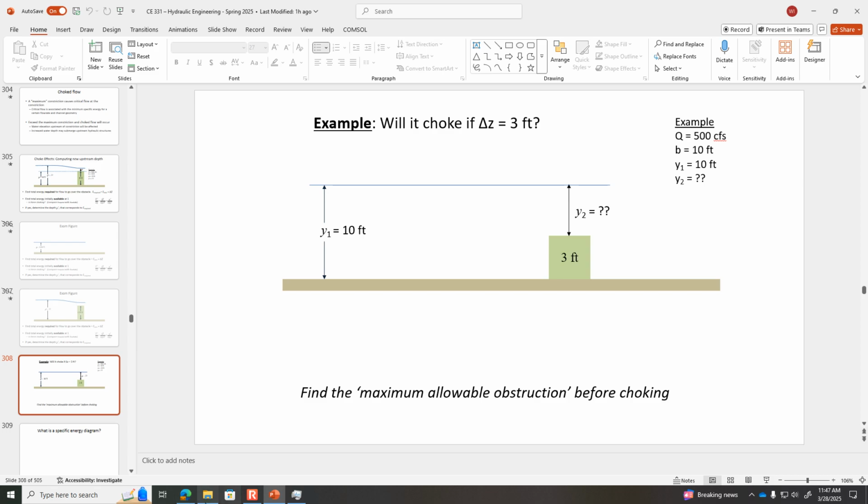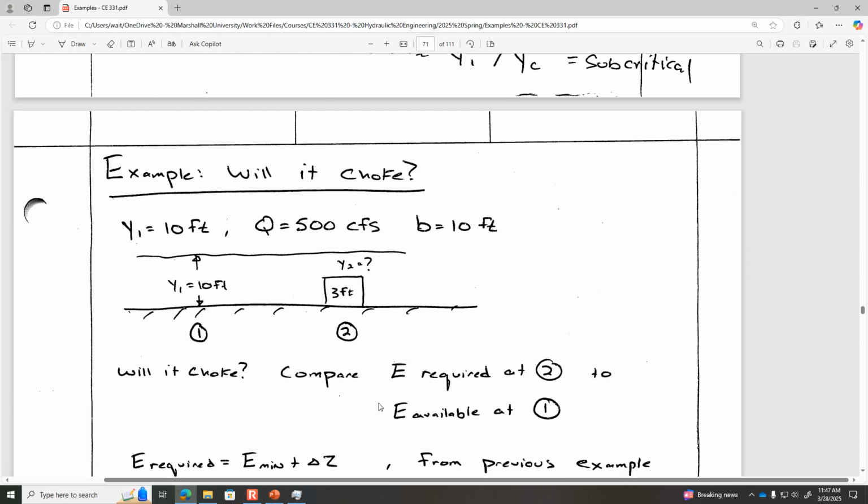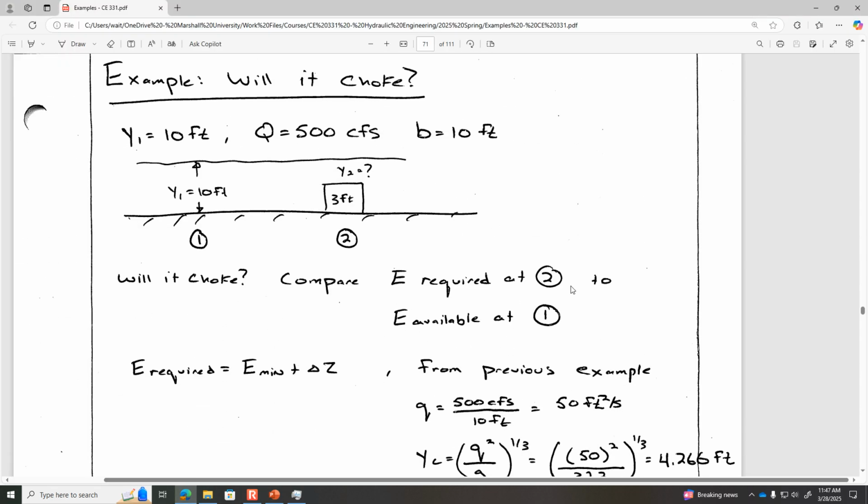Well, in a case like that, we're just going to compare the required specific energy to what's available. And we earlier found out that the available specific energy at 1 was 10.4 feet. And so how much is required at 2 if the step height is 3 feet?